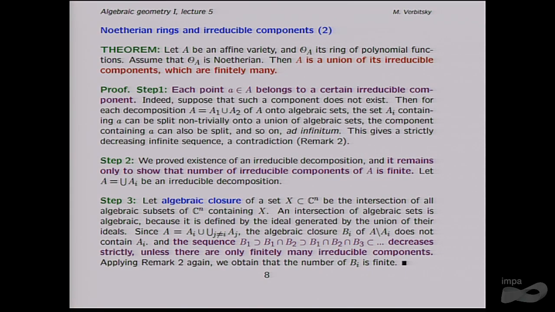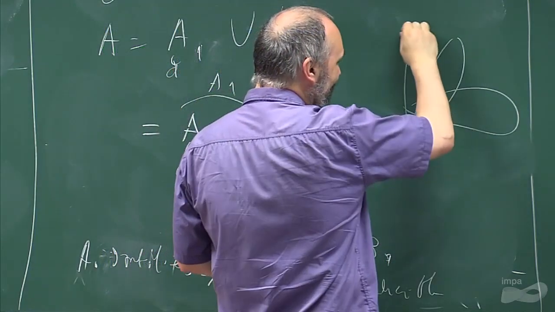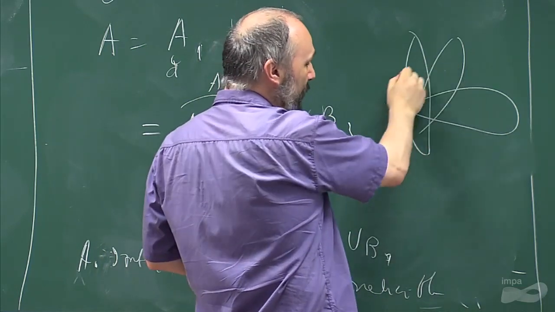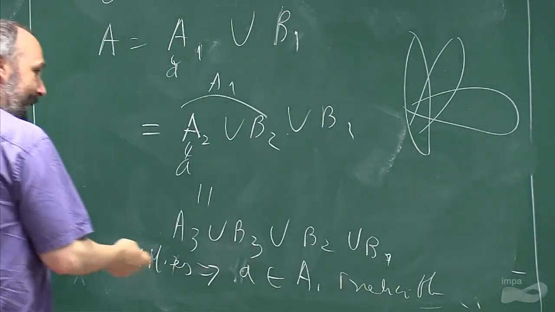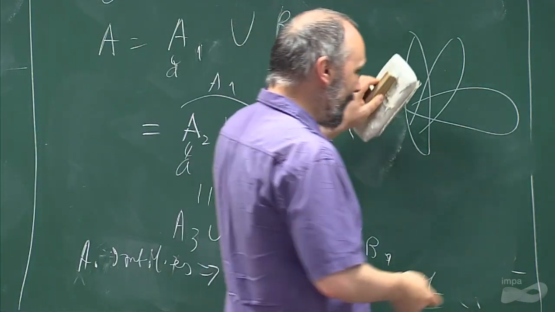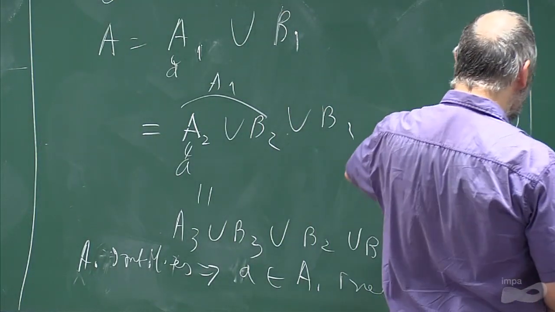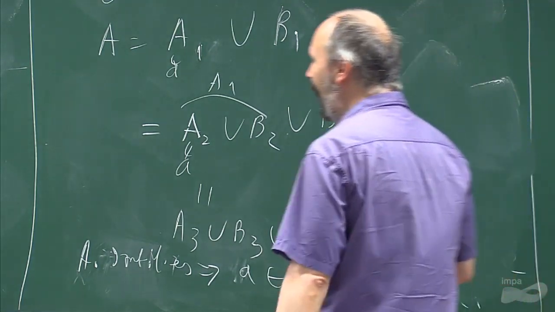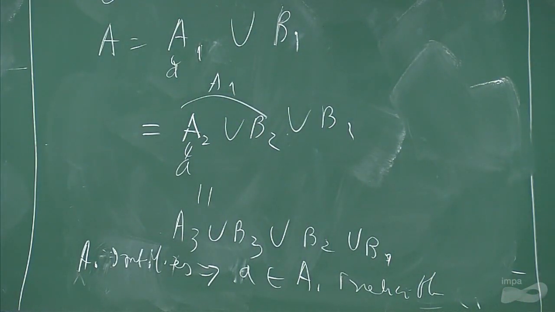To see that, we again use the same sort of argument, which is slightly trickier because we have some varieties which are not inside each other. So it's like a flower. You have lots of varieties, and to apply this remark you have to have a decreasing chain of subvarieties.